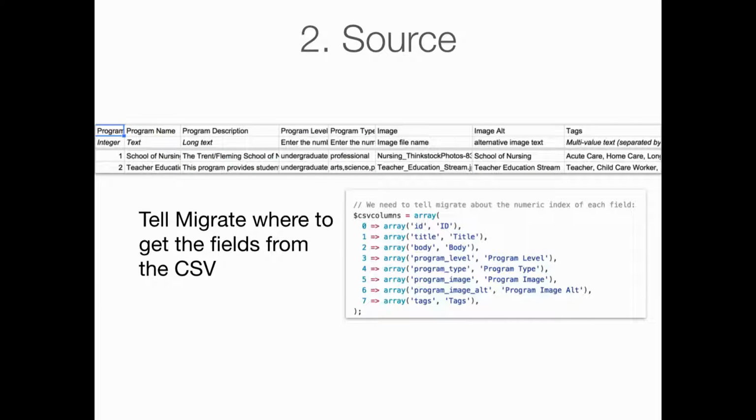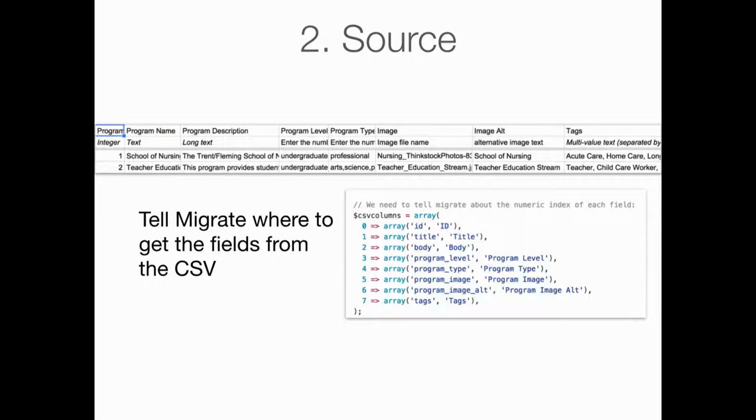Next, what I want to do is to tell Migrate where the fields are coming from. So all this stuff that I want to import into Drupal, where should Migrate find it? Because I'm using a CSV as the source, I want to tell Drupal which column in the CSV file corresponds to the fields that I have. So I identify each column here, and this is an array.